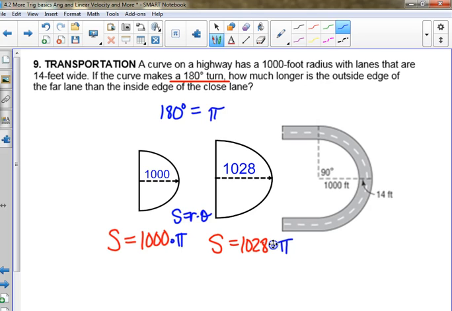So 1,000 pi is something like this. 1,028 pi, I didn't type it right, is something like this. Someone get that?